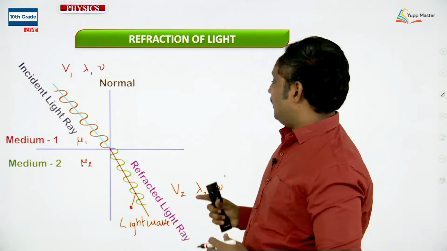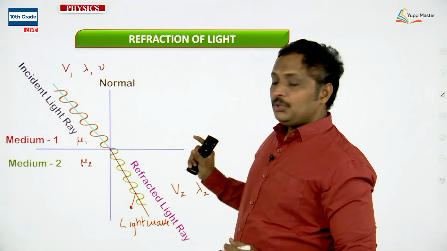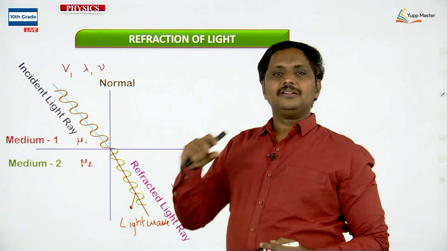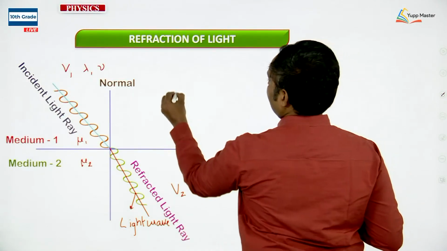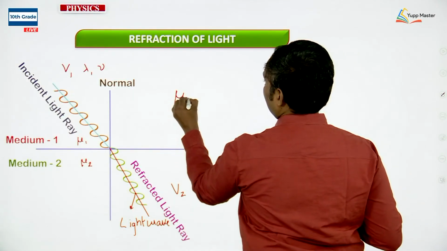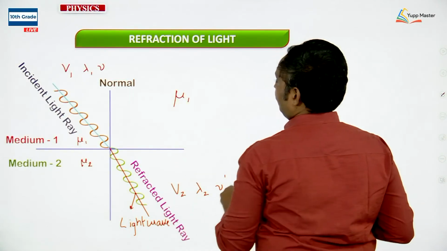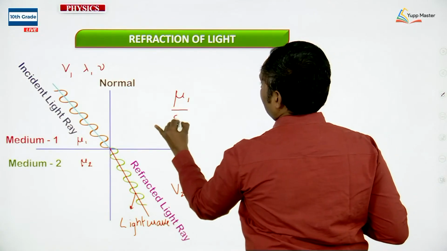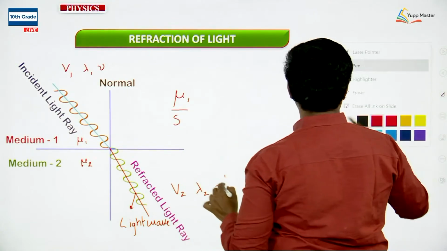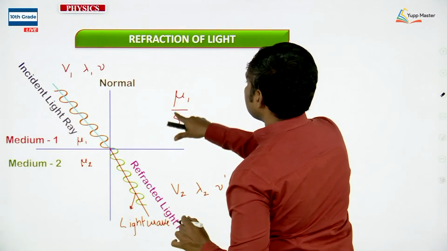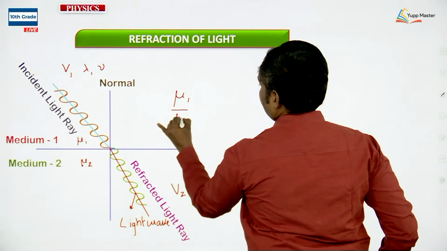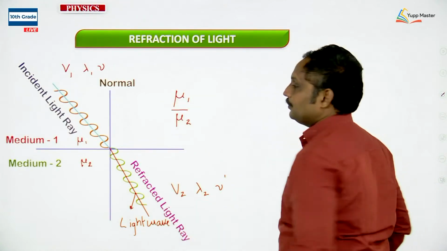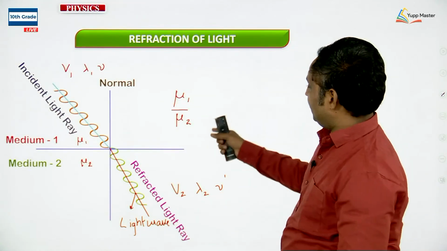Now you can take the ratio of refractive indices, mu 1 and mu 2. You will take the ratio of mu 1 and mu 2. It is very clear.